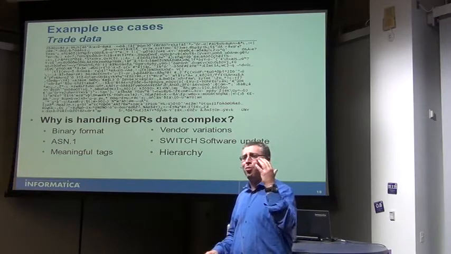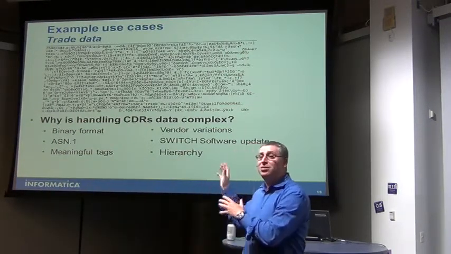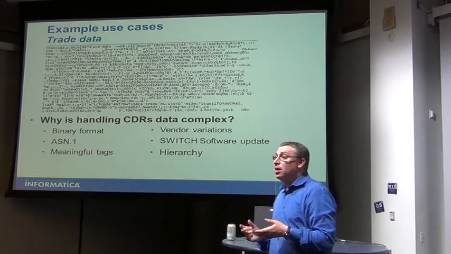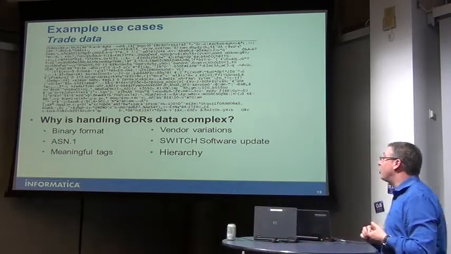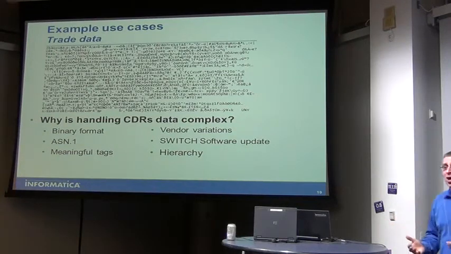It has a COBOL copybook version that says how the data will look. But different vendors take this ASN.1 and create their own version. And why would they do that?